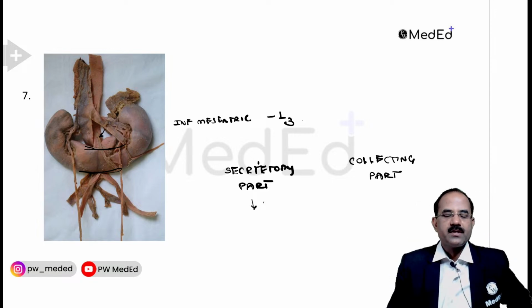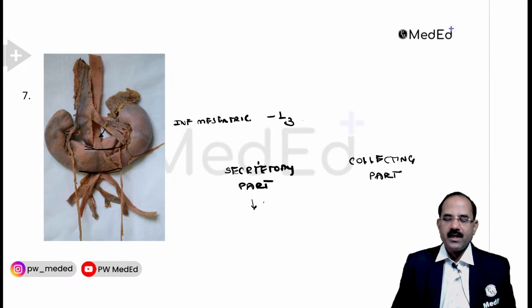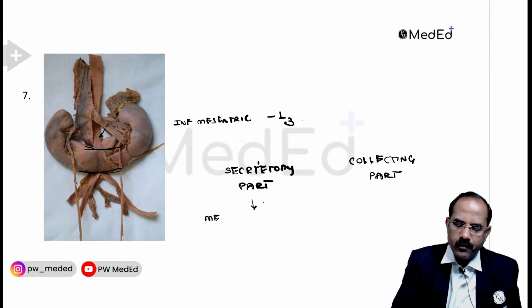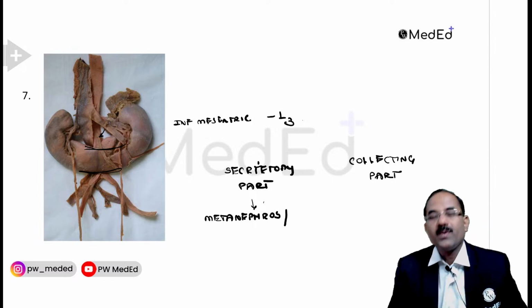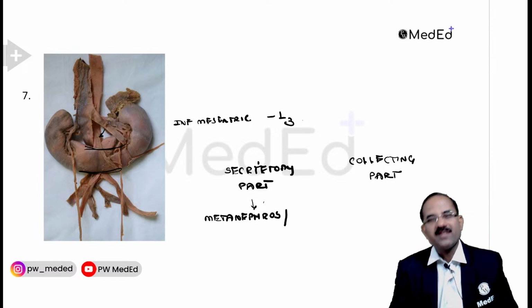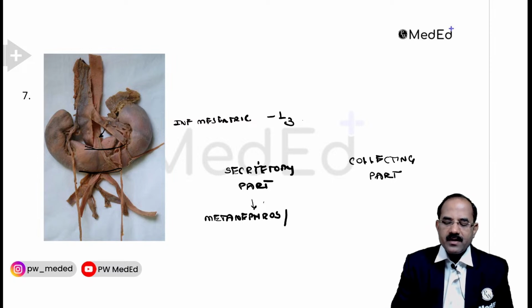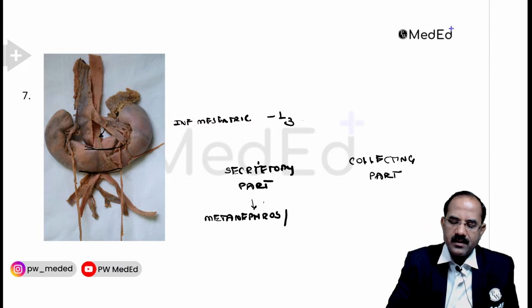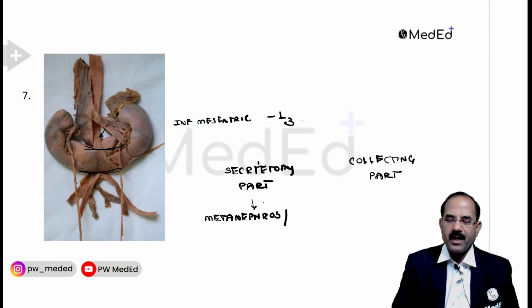Come on, students, a very important MCQ. The secretory part of the kidney is derived from the metanephros, also known as the metanephric blastema.